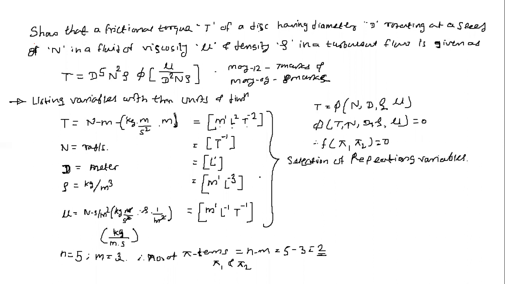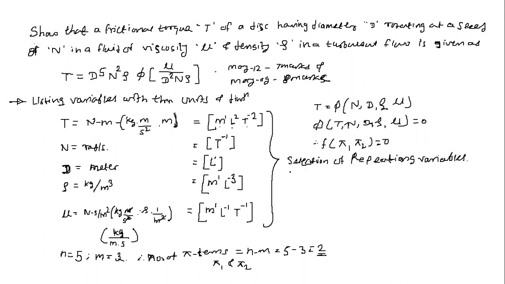We are using the criteria here once again. The criteria says that out of all the repeating variables we are going to consider, one must represent a geometric property, another must represent the kinematic property, and the next one must represent the dynamic property. So at least 3 properties must be there: geometric, kinematic, and dynamic.